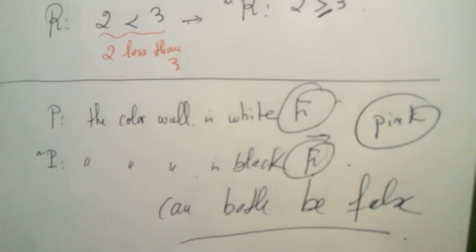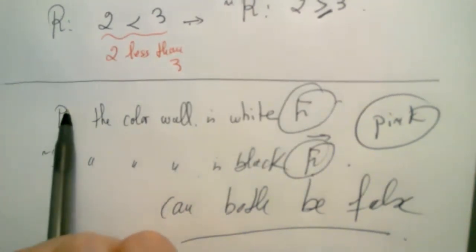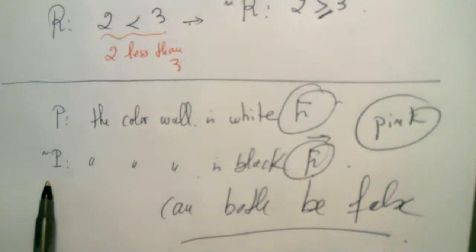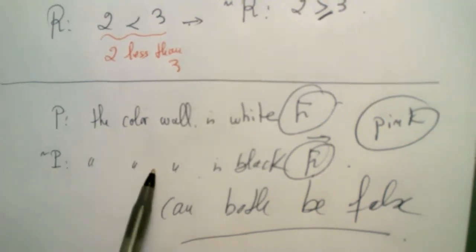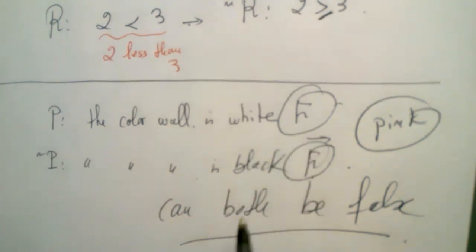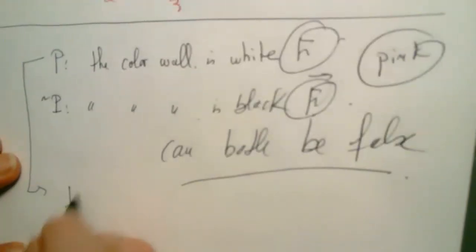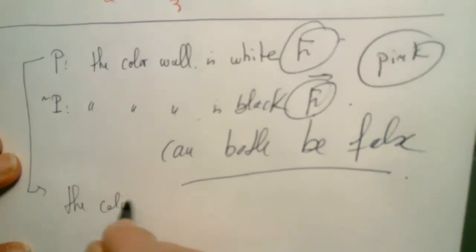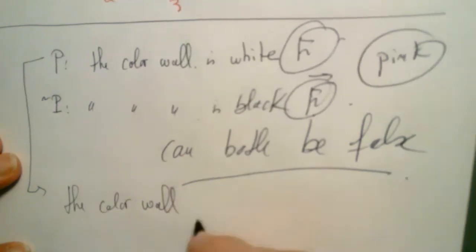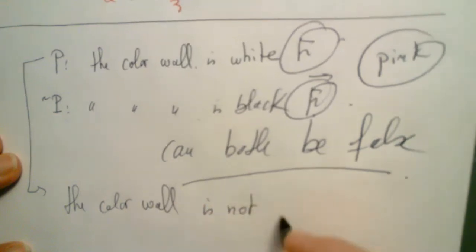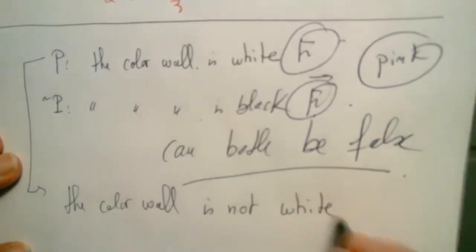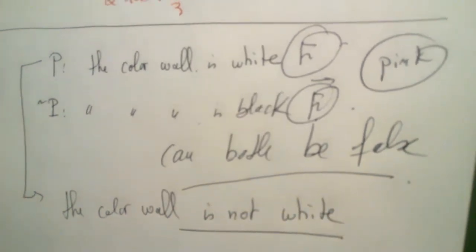So whenever a statement is false, the negation has to be true. So if somebody negated like this, then we know this is not the negation because both of them can be false. The negation always has to be true when P is false. So the way you negate in those simple sentences is the color of the wall is not white. Everything but white. The complement, everything else. That's the negation.